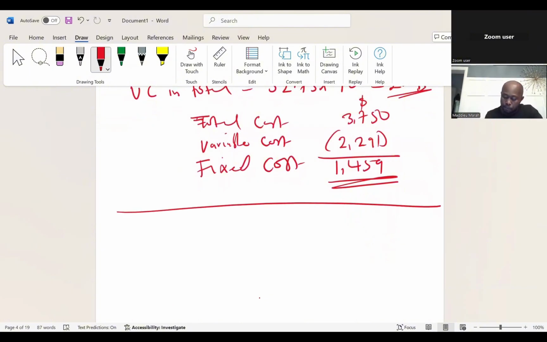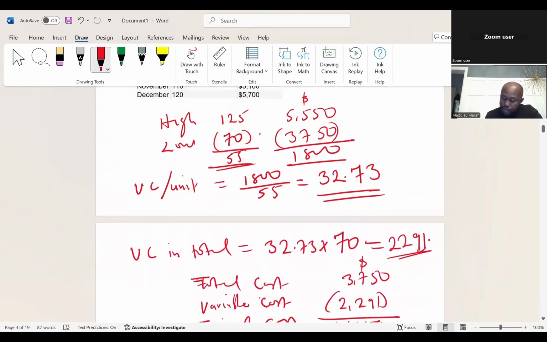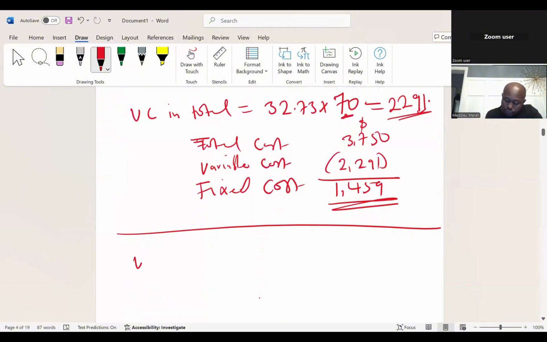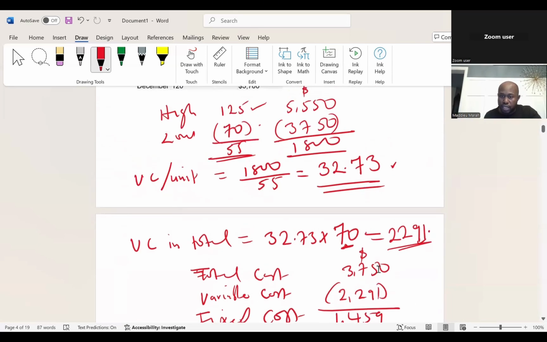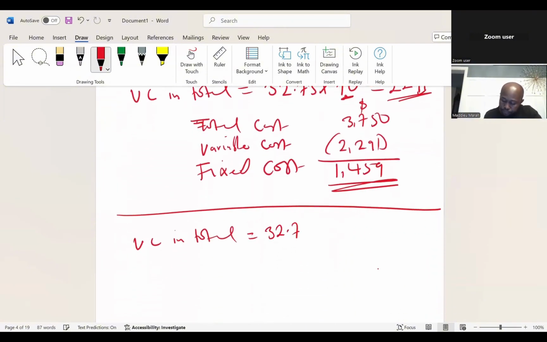So now I used the low. Now let me use the high. The variable cost per unit calculated using the high and low activity is 32.73 already. Here I used the low activity of 70. So now let me use the high activity of 125. We're supposed to arrive at the same answer. Okay, so now we go. Variable cost in total is equal to variable cost per unit, which we already calculated to be 32.73, multiplied by 125.